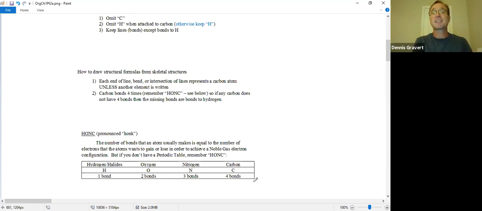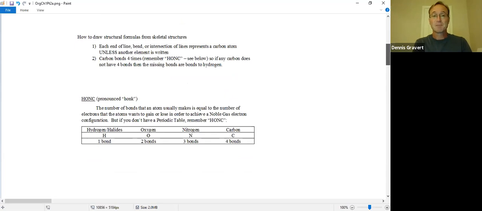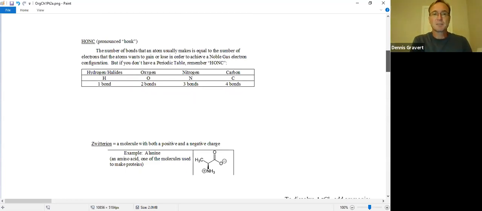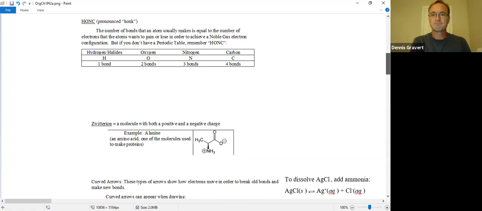There are exceptions, but we won't see any today. We will in this course, however. But again, nice stable molecules: hydrogen, oxygen, nitrogen, carbon, and the halides tend to bond in this pattern.